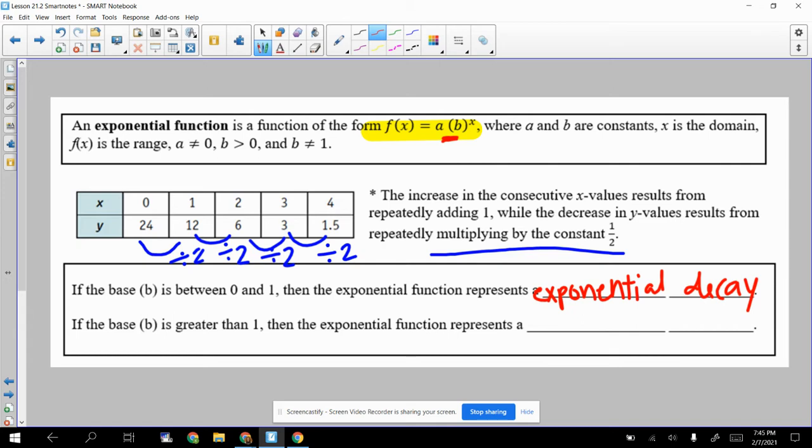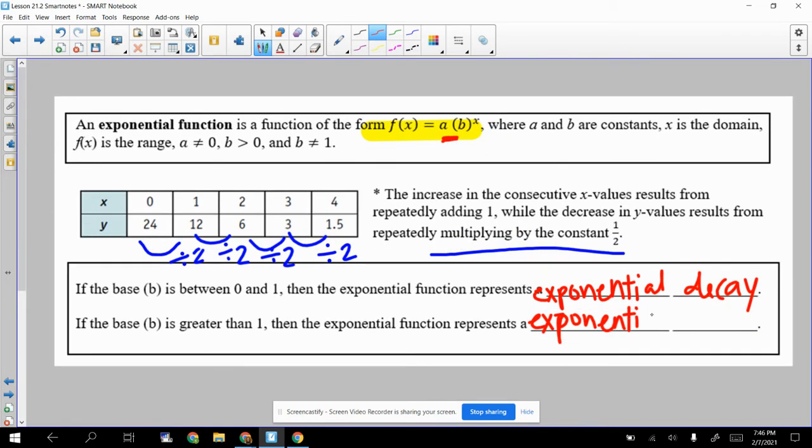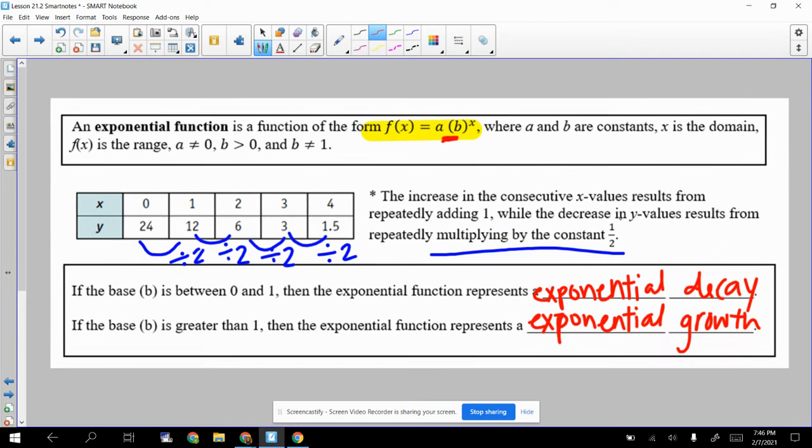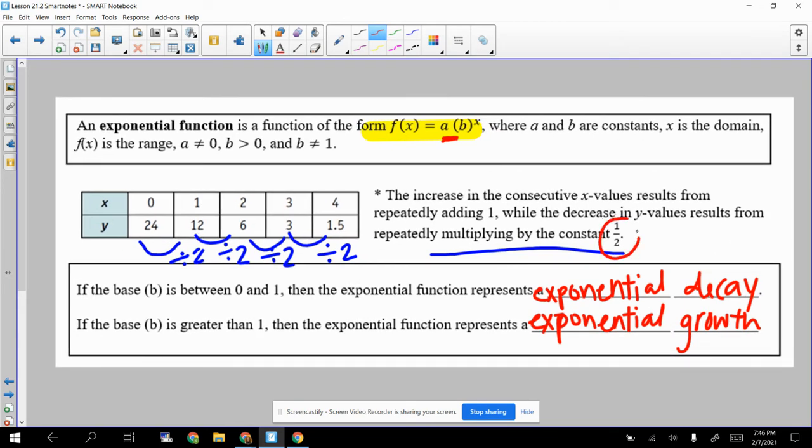And then if your base is greater than 1, then your exponential function represents an exponential growth. Okay, so this makes sense. A number greater than 1 is going to be growth. A number between 0 and 1, so a fraction like 1/2, let's say, that would be decay.